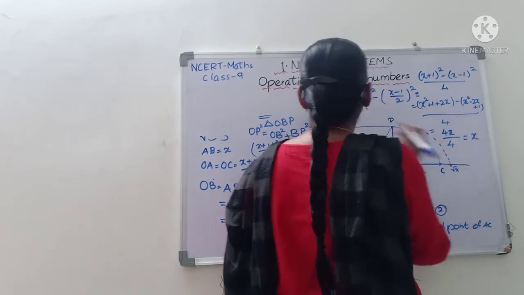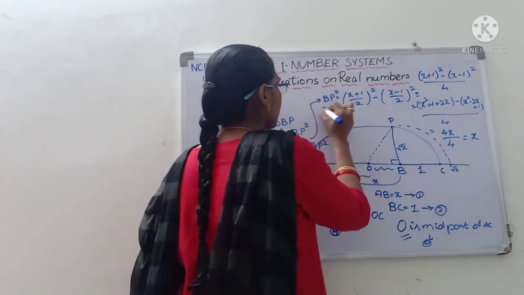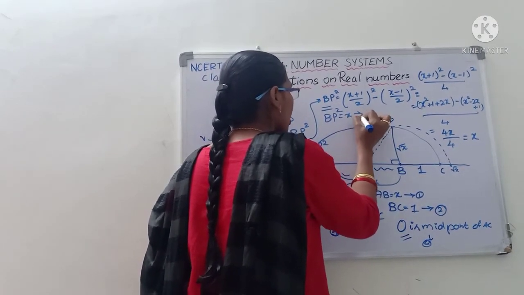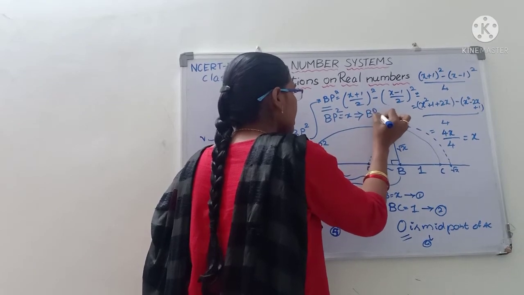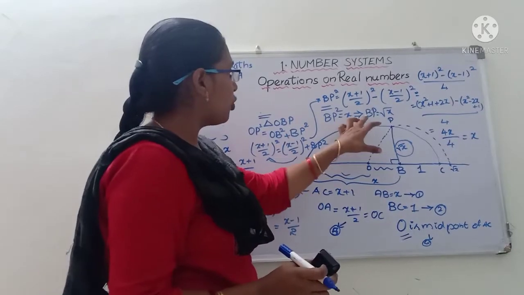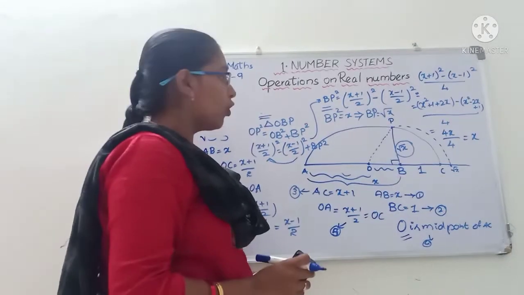You got x. So BP squared is equal to x, and you got BP as root x. So we are able to prove that BP is equal to root x.